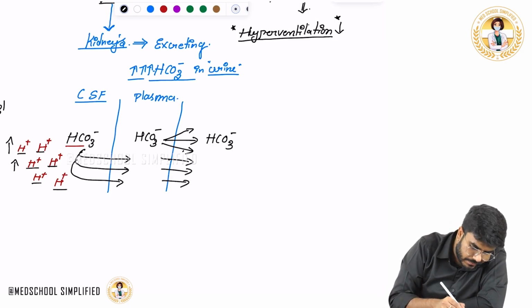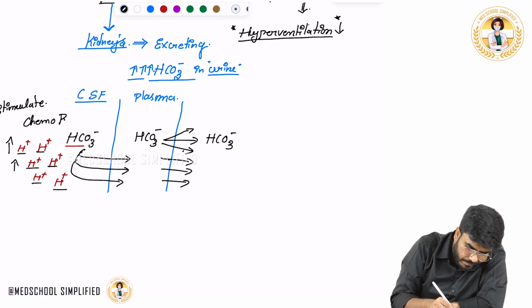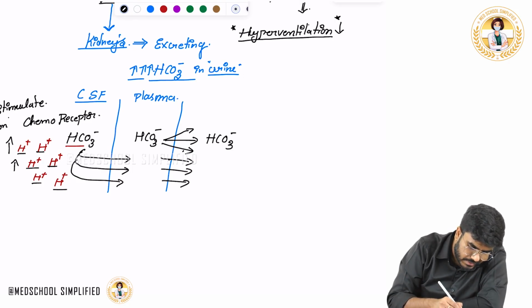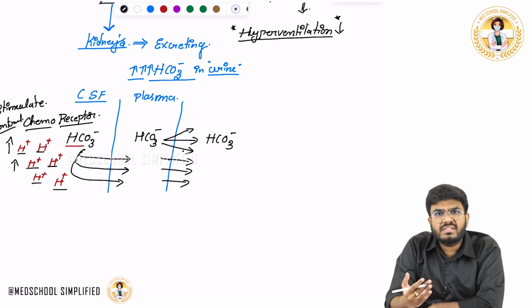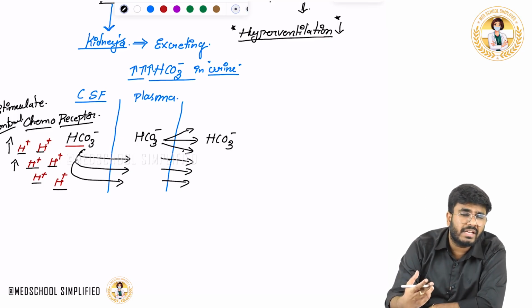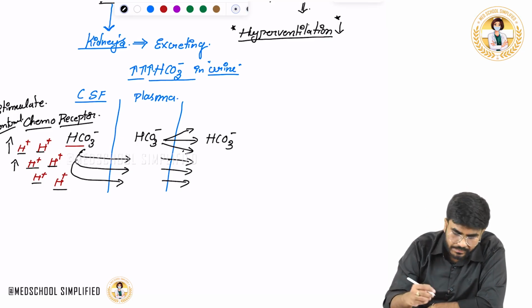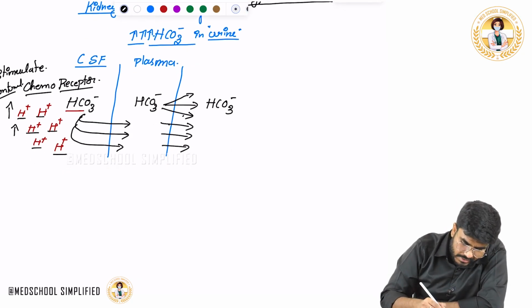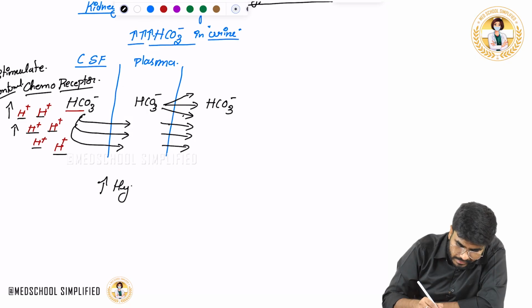They will stimulate chemoreceptors. Which chemoreceptors? Now it's the CSF, right? So it's the central chemoreceptors, and they will be stimulated. Once the chemoreceptors are stimulated, they are going to increase the ventilation. Now again, the person is going to do hyperventilation.